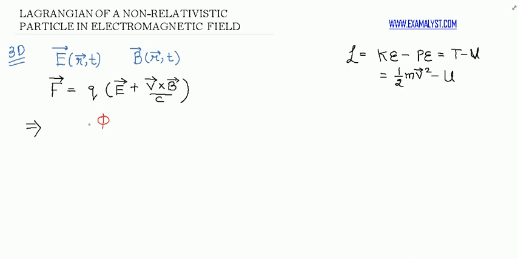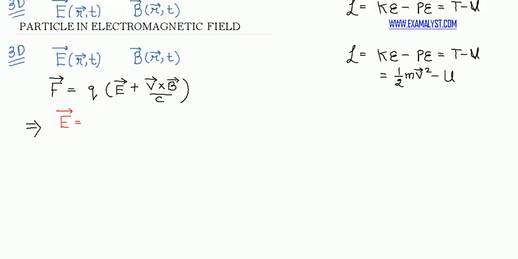This phi is actually the electrostatic potential. Remember, we wrote the electric field is equal to, so let me write it completely.